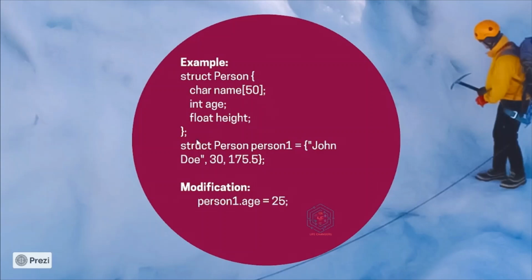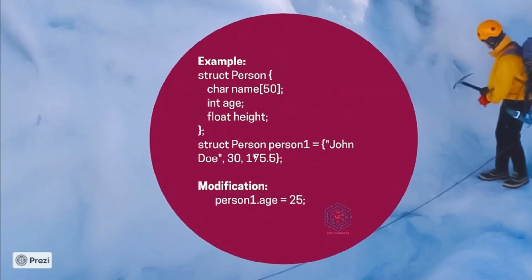Okay, how do we insert data for a particular person? This is the keyword struct, and person is the structure name, and person1 is a variable of that structure.